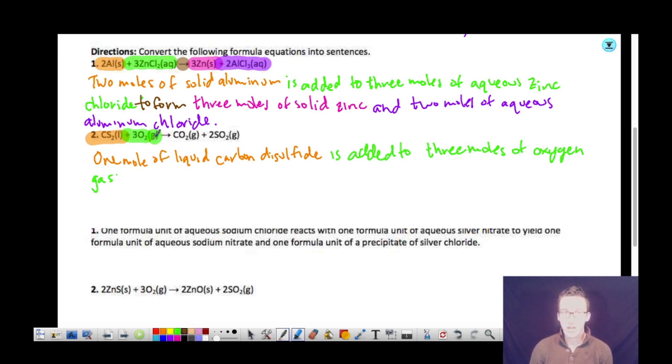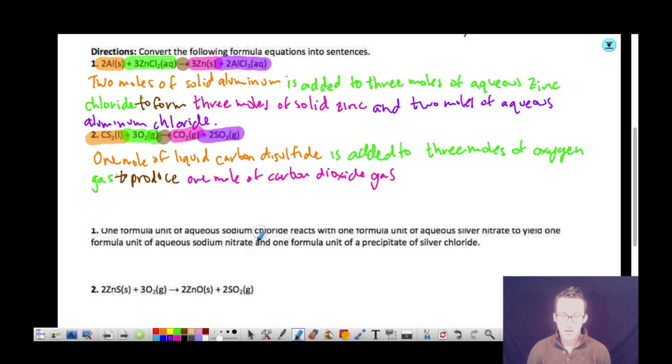To produce, let's change it up here a little bit. We'll say to produce. You could also say to yield, to make. Anything there that you want to get excited about, use some synonyms if you want to get all English-y about it. Here we go. Our products, 1 mole of carbon dioxide gas.